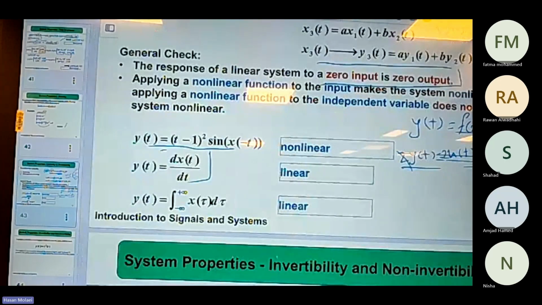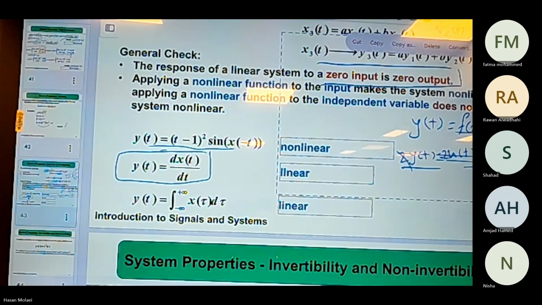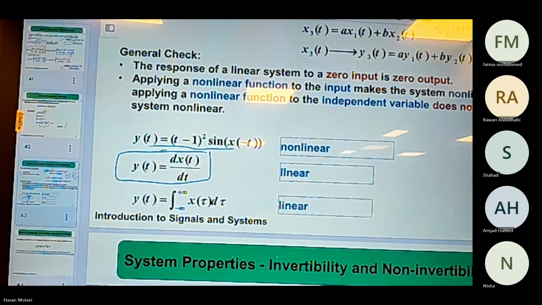How about this one? How do we check linearity? If I apply x1, its output would be the derivative, 1 over dt. If I apply x2, I only change x1 to x2.